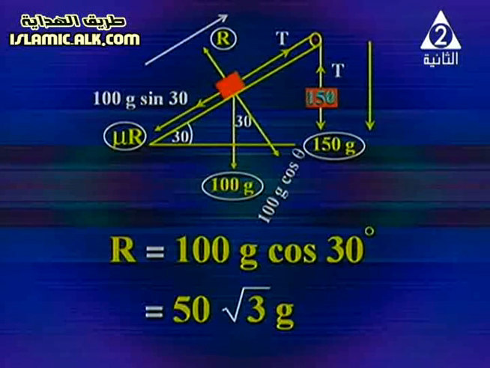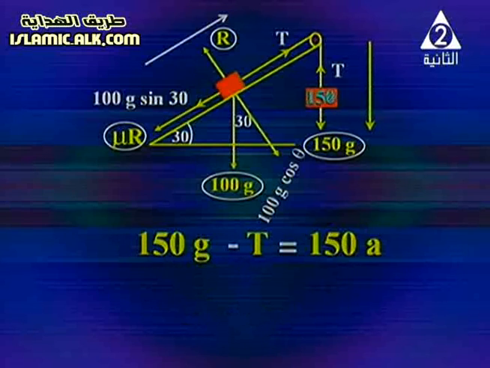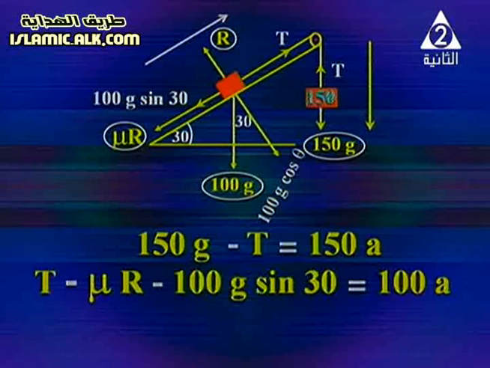By substitution, cosine 30 equals root 3 over 2. Then r equals 50 root 3 g. The motion of the second body is 150 g minus t equals 150 a. After that, we have the third equation, t minus mu r minus 100 g sine theta equals 100 a.